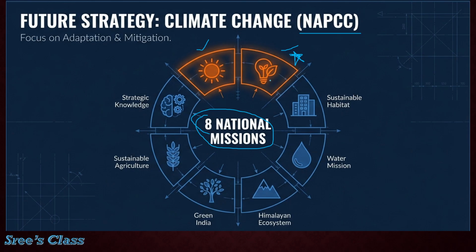All these things are because of this mission. Then National Mission on Sustainable Habitat, National Water Mission, National Mission on Himalayan Ecosystem, National Mission on Green India, National Mission on Sustainable Agriculture, and National Mission on Strategic Knowledge. So these are the 8 national missions.